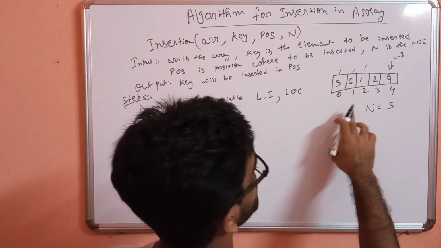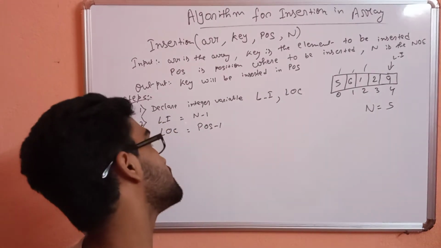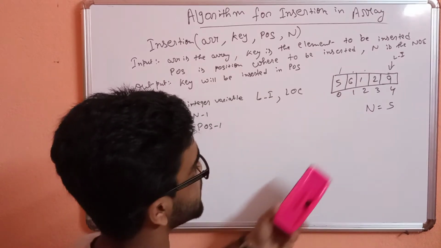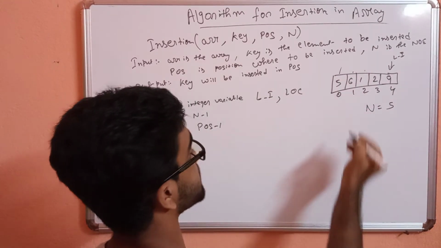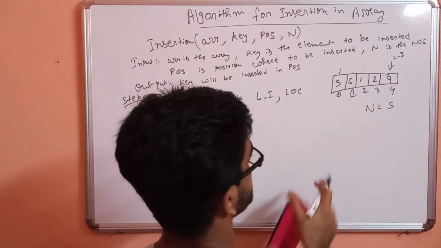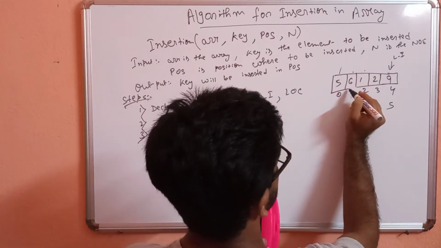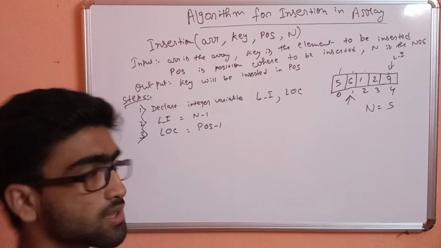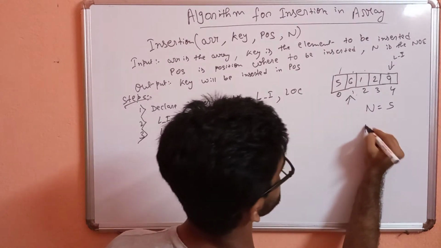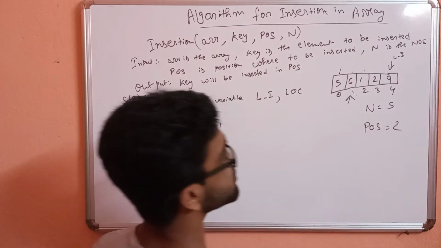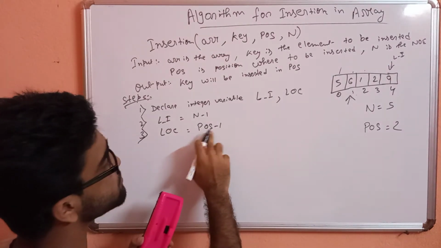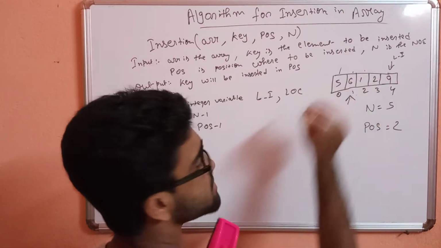Suppose we want to insert at the first index, POS is 2, so LOC equals POS minus 1. That means at the first index we have to insert.